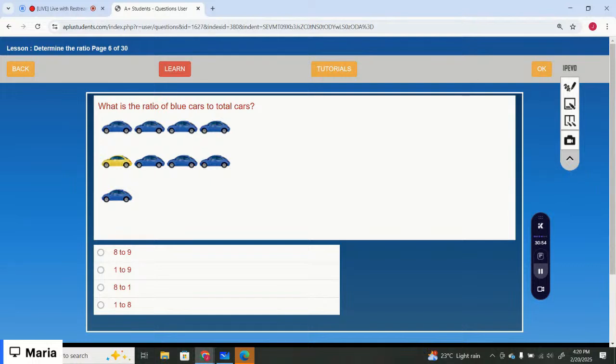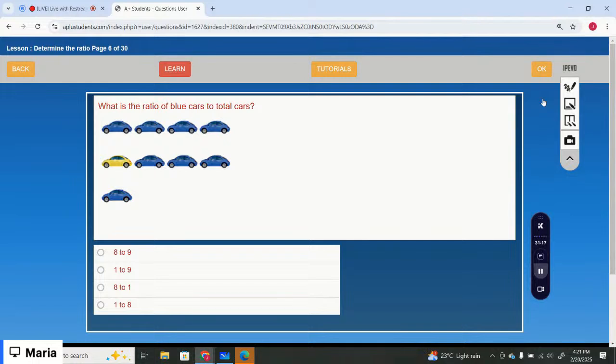What is the ratio of the blue cars to total cars? Blue cars to total.